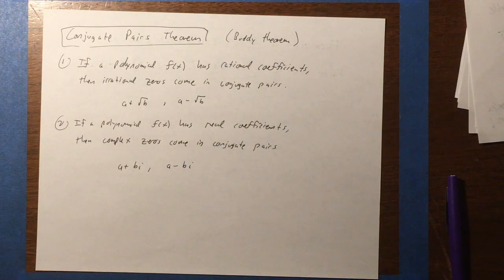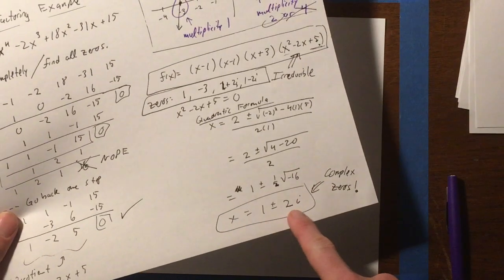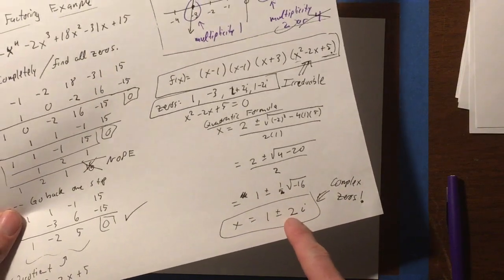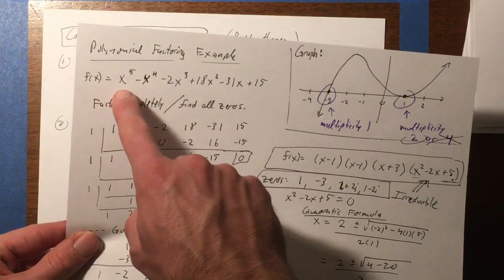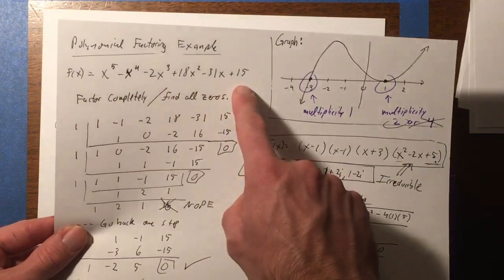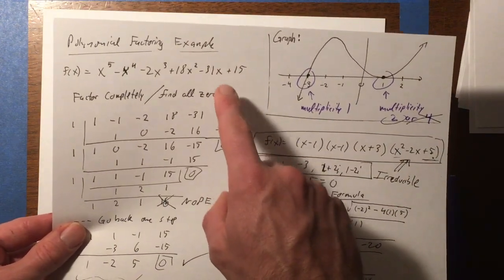So there's this theorem that deals with polynomial zeros and conjugates. And it turns out it is no coincidence that in this example we ended up with two conjugate zeros. The reason is because the coefficients of this original polynomial were all real numbers.